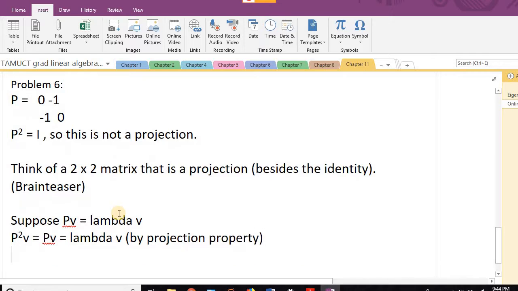Now, you can actually find p squared V in another way. Can you just do P times PV? Yeah. You can also just take P times this equation.